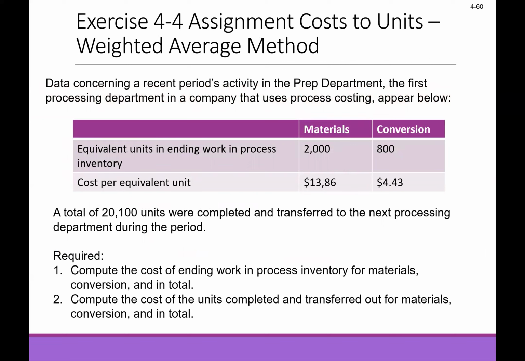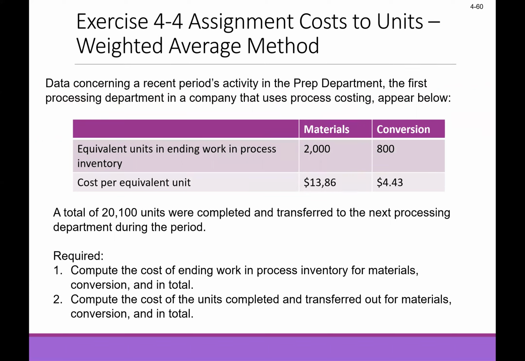Data concerning a recent period's activity in the prep department, which is the first processing department, shows equivalent units in ending work in process and the cost per equivalent unit.